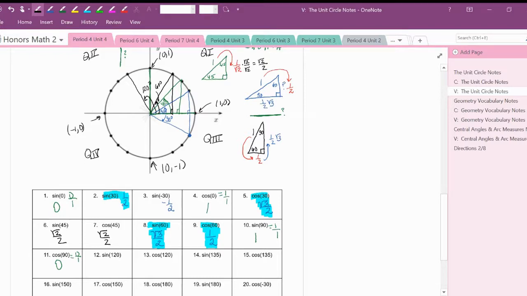What I'm going to do now, though, to get my sine and my cosine for this angle measure is I'm going to drop a perpendicular like we did before to the x-axis, but I'm going to focus on what's going to be called my reference angle.